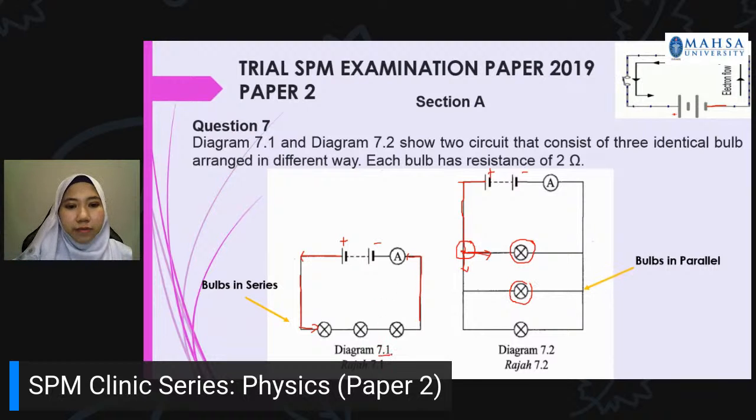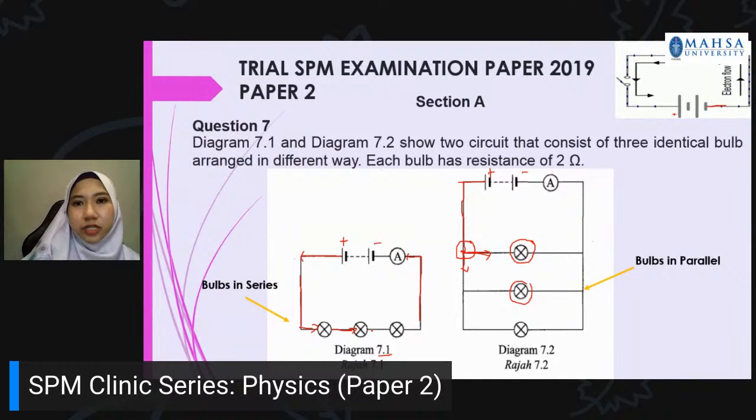How about diagram 7.1 here? The current across each bulb must be the same. You have only one value of current across each bulb. So that's one thing. How do you identify which part of the connection is series and which is parallel? Look at what happens to the current for each component. Let's say you have resistors: is the current flowing through each resistor the same or different?